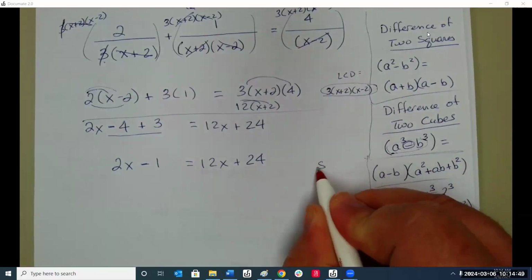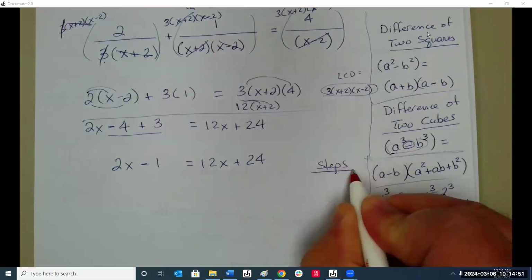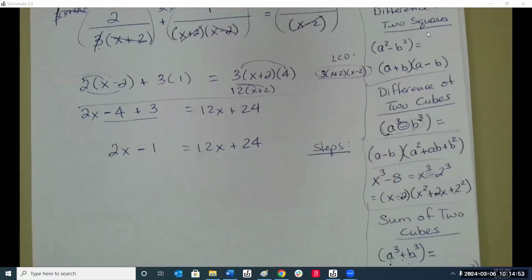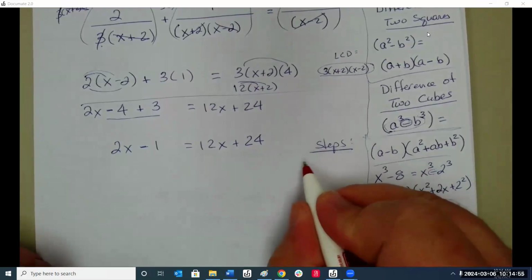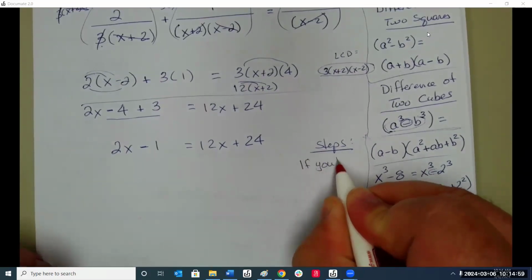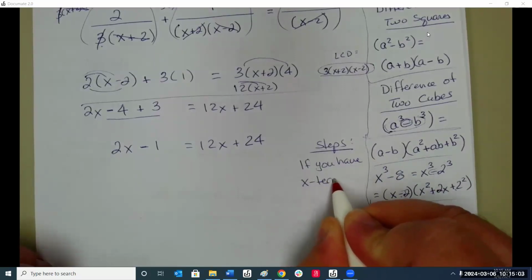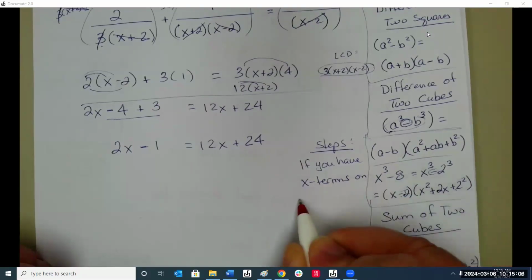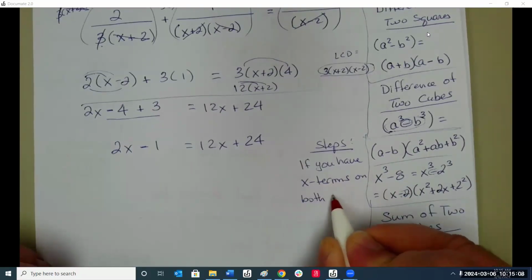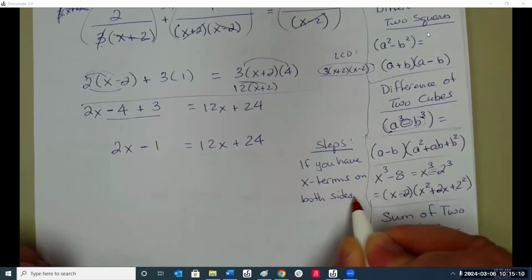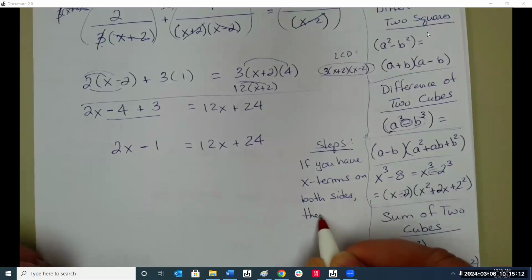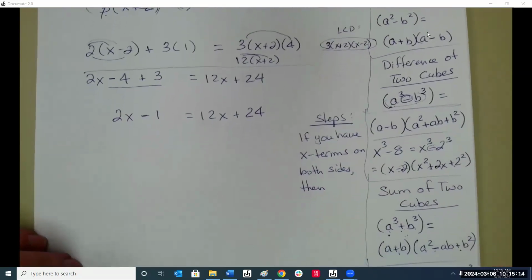So here, whenever this occurs, here are your steps. If you have x terms on both sides, then what?